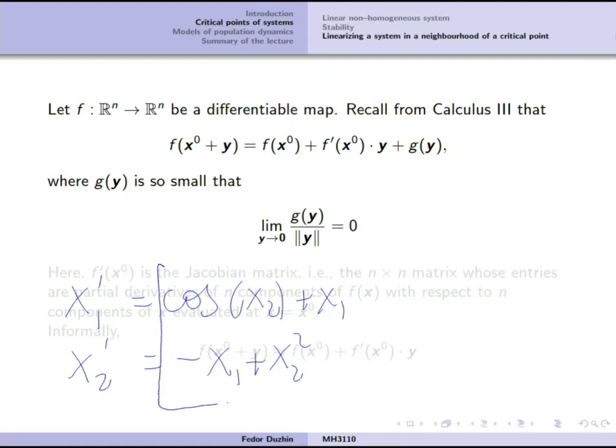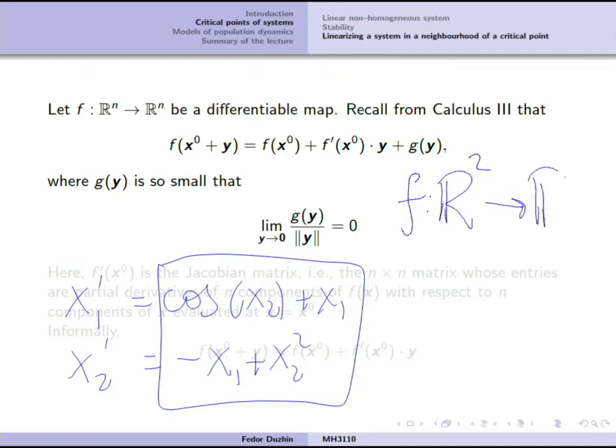then this right-hand side can be thought of as a map from R2 to R2. So in other words, this map takes as input two numbers, and its output is also two numbers.